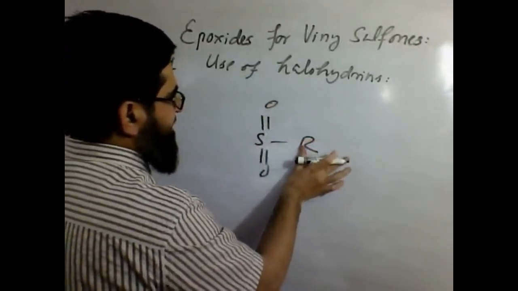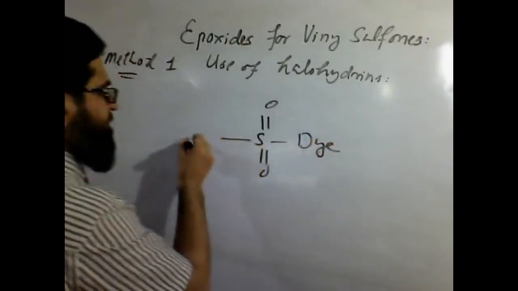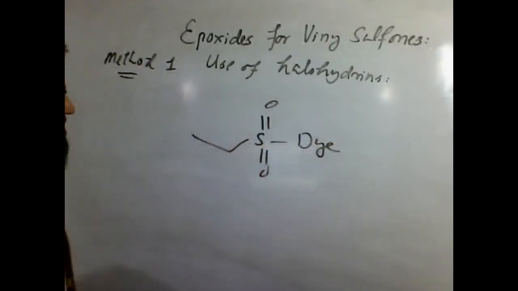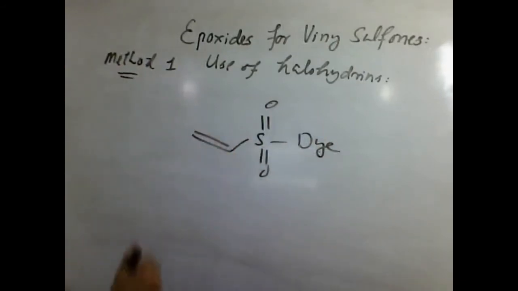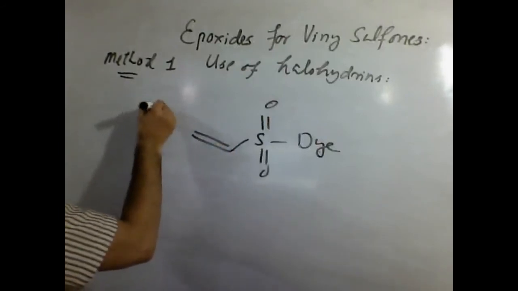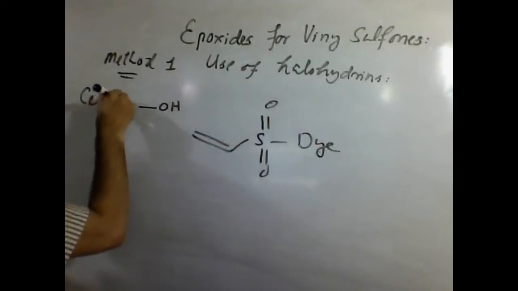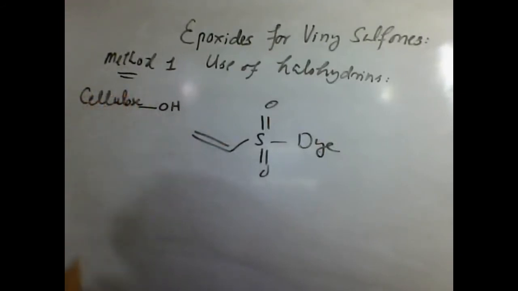It could be a dye molecule, it's a vinyl sulfone, it's a vinyl. As I've told you, on that day the cellulosic fibers contain hydroxyls. Cellulosic fibers contain hydroxyl groups.